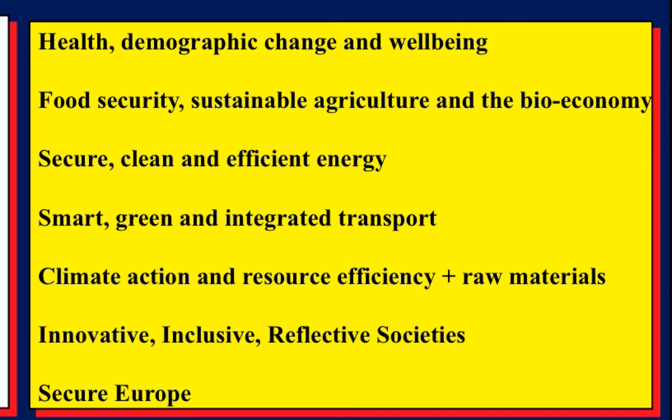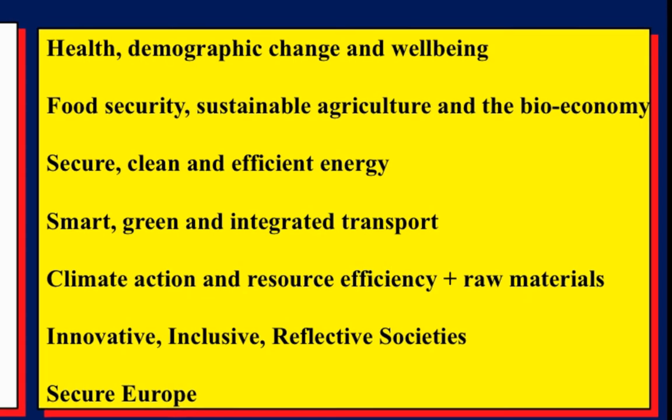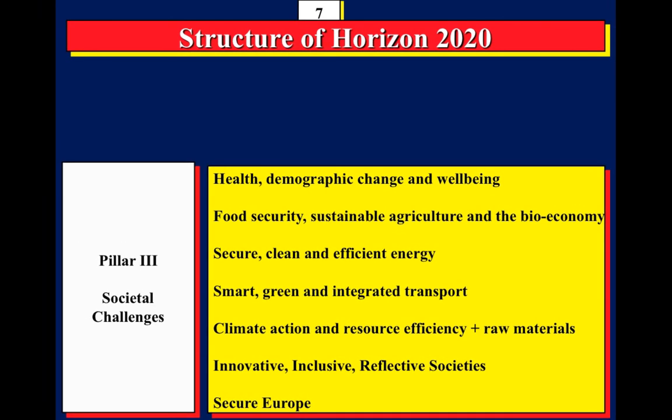Inclusive research is about social issues, and reflective societies is for the humanities. For example, learning from the past. Secure Europe is about applying your expertise to security issues, for example, IT for cybersecurity, health for bioterrorism, and so on.